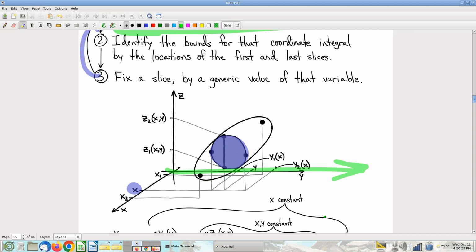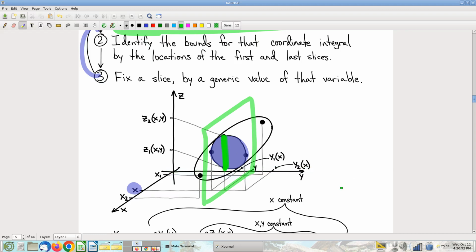It's a flat vertical thing, and if I slice perpendicular to the y-axis, what happens when I take this slice and slice the slice? I claim when I take a y slice, I get a little line segment there.